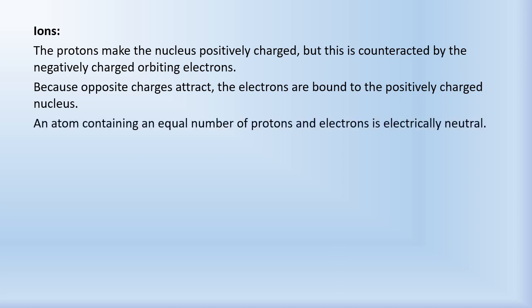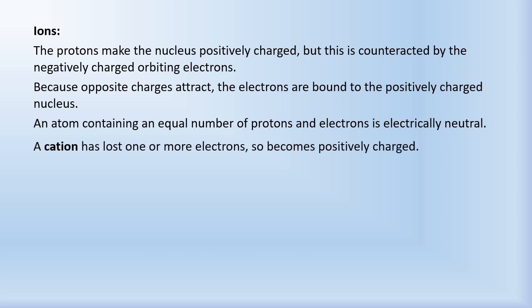In an atom that has an equal number of protons and electrons, it's electrically neutral because they counteract each other, the charges. However, a cation has lost one or more electrons. So therefore, because it has more protons than electrons, it becomes positively charged.